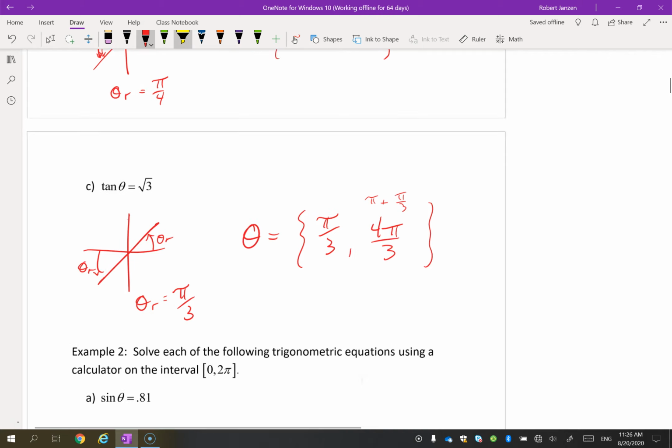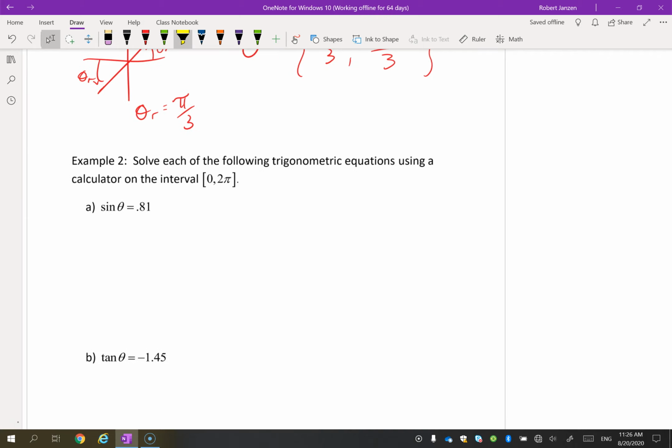Okay? Now we'll go to the next ones. The next ones you can see are not exact values, so you're going to use a calculator. Okay? So let's try that. Start the same way. Where is sine positive? Here and here. Now we need to figure out the reference angle. So the reference angle is the inverse sine of 0.81.